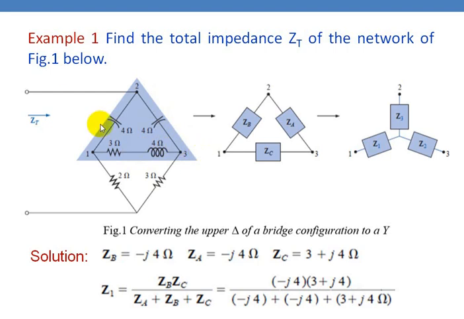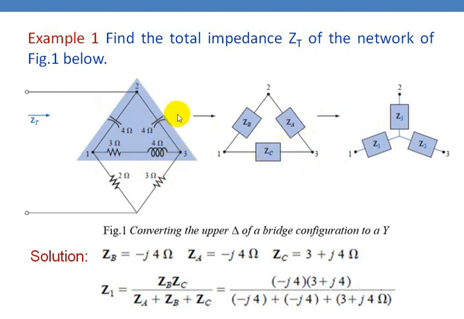In this case, we will convert this delta connected network into star. First, you name the nodes here 1, 2 and 3. The impedance between 1 and 2 you name ZB, between 1 and 3 you name ZC, and this one you name ZA.